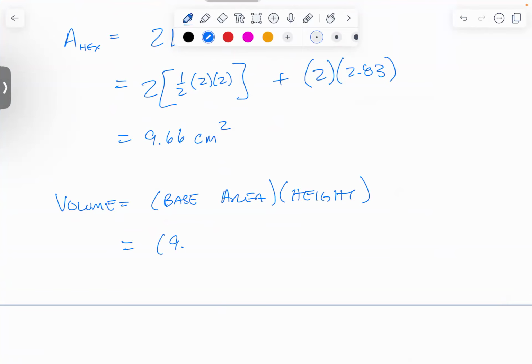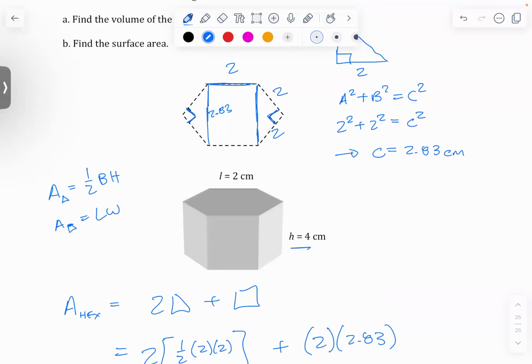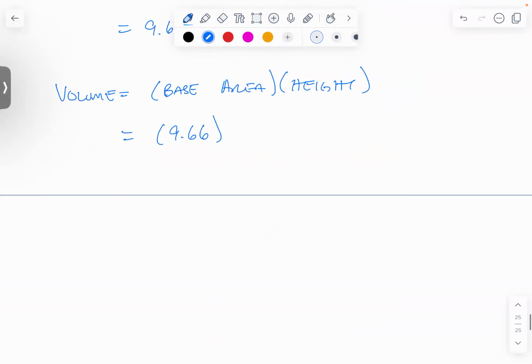The base area we found, 9.66. The height, oh look, it's told to us to be 4 centimeters. So the volume of my hexagonal solid is 38.63 cubic centimeters.